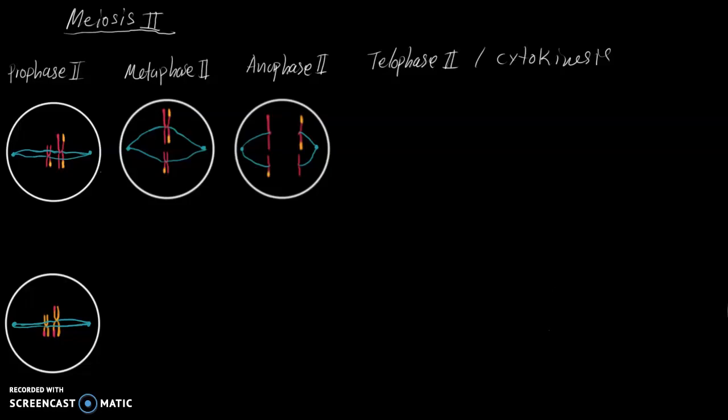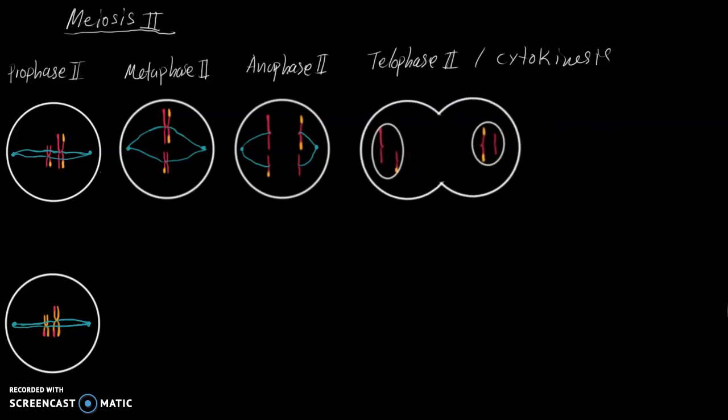And finally, in telophase II, a nuclear envelope is going to be formed around this set of chromosomes and also this set of chromosomes. Then the cell cytoplasm is going to divide this way and this way. And then we finally enter cytokinesis, where the cell is completely divided. So the two cells are going to look like this.